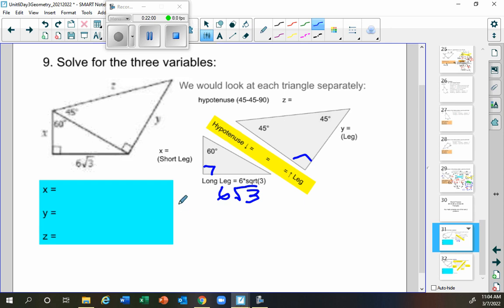Now, if we want to go from short leg to long leg, it was 1 over square root of 3. Now, do we know what the short leg is yet for this problem? But do we have the long leg? Yep.